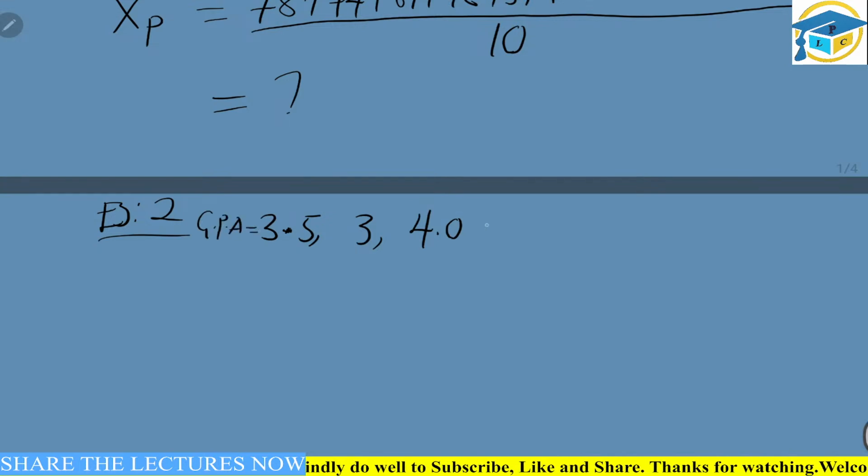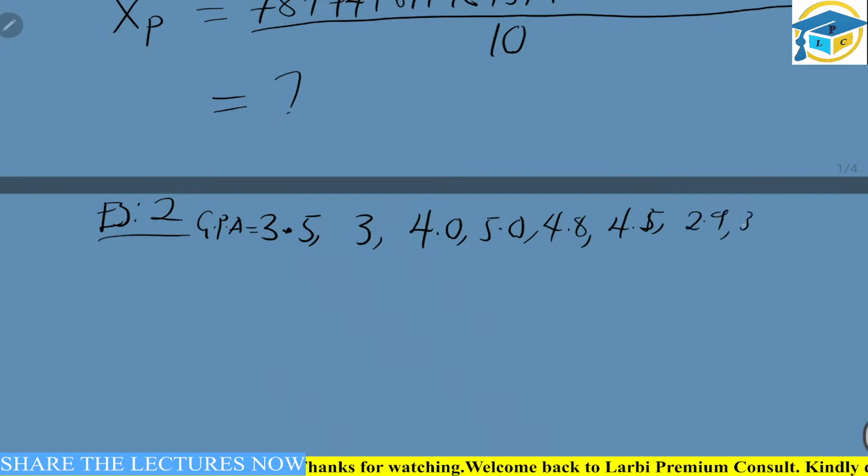We have 5.0, 4.8, 4.5, we have 2.9, 3.0, 3.0, 3.0, and then we also have 2.4.